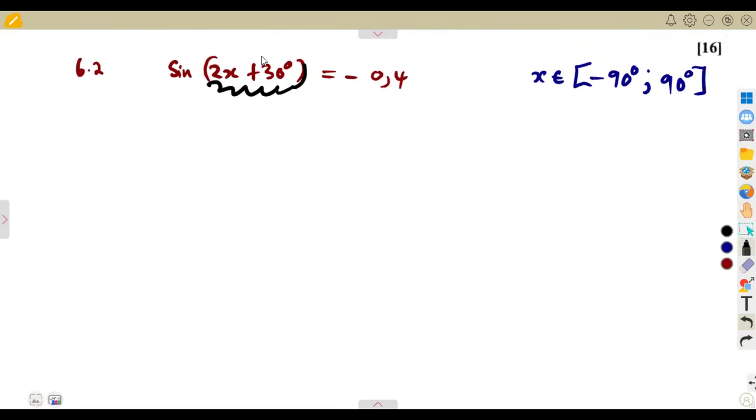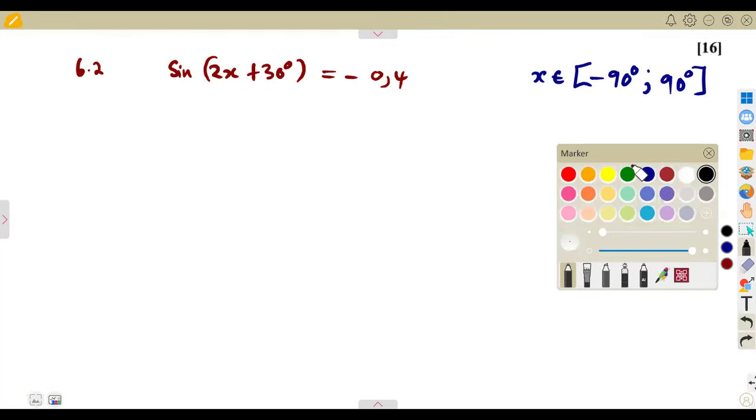This is 2x plus 30 degrees. So I would encourage you on this type of equation to determine your solutions at the end, but try to use the general solution concept. That one can help you to determine your solution in an easier way. I'm going to explain that part.